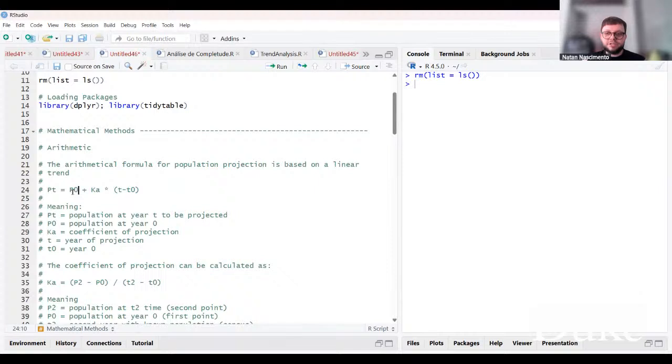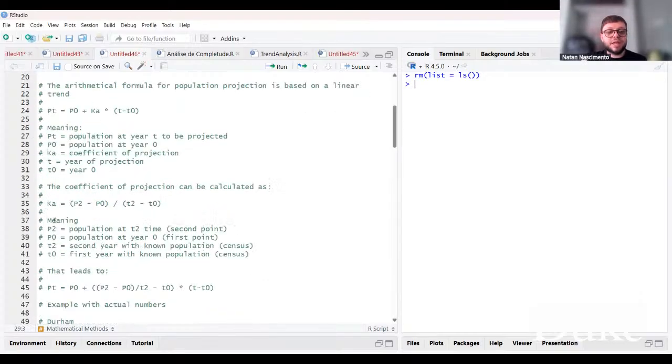So we need at least 2 points here. We need like 2010 and 2020 census, or in the Brazilian case, 2010 and 2022 census, because it will allow us to project based on a past trend. For the coefficient of projection, Ka, it can be calculated as the subtraction of the population at the second time and the population of the first time, the first point. The same goes for the years.